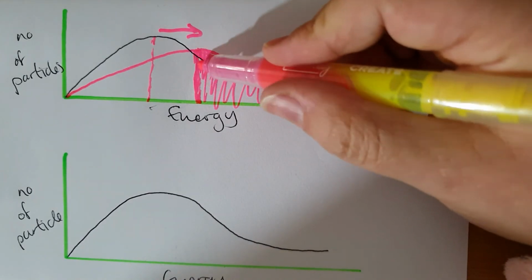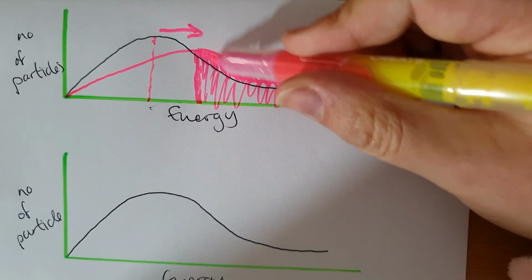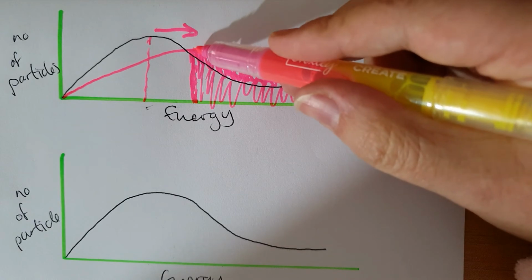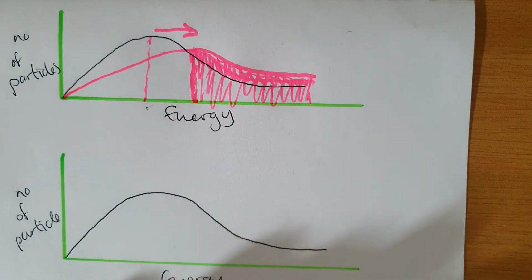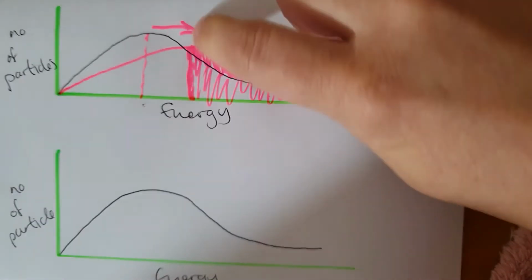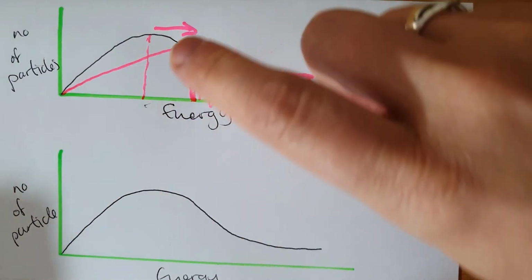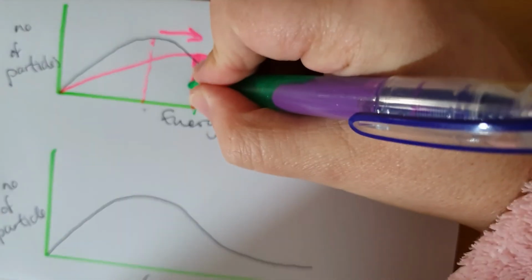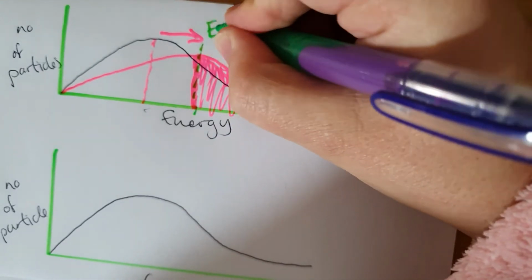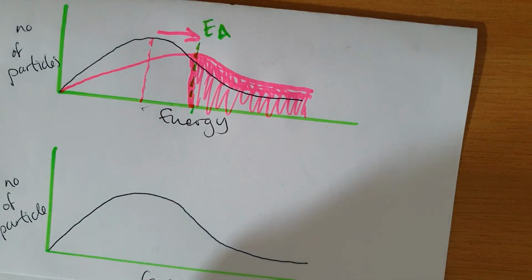Can you see it's so much bigger underneath compared to that? That means we now have more particles with a sufficient amount of energy, if we consider this as the activation energy over here, of course. Let me just put it here so that this makes more sense. I'm going to say this is my activation energy over there.